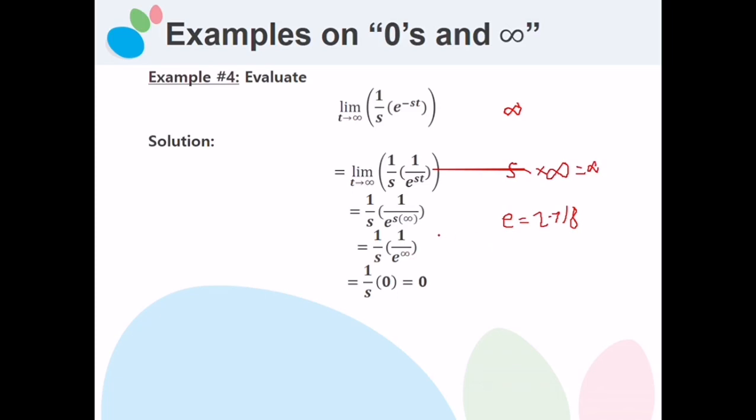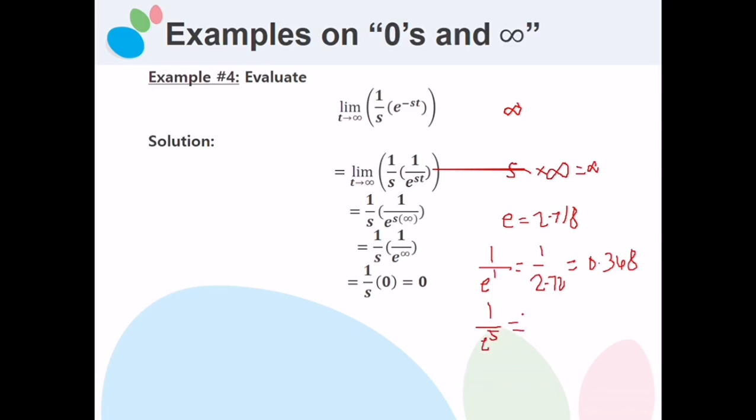For example, 1 over e raised to 1 is equal to 1 over 2.718, which is 0.36788.